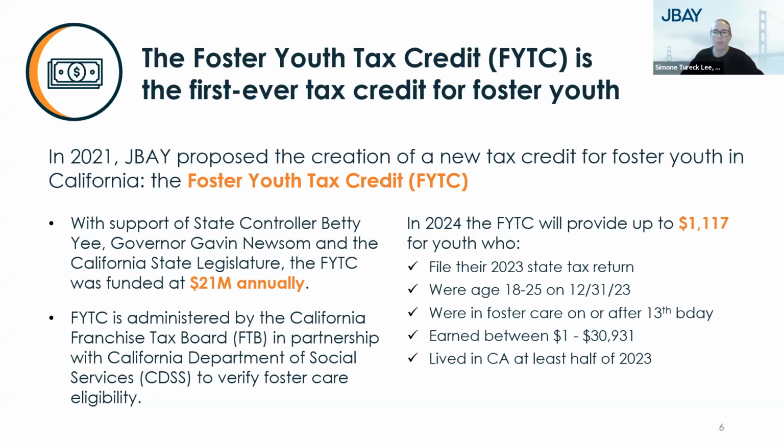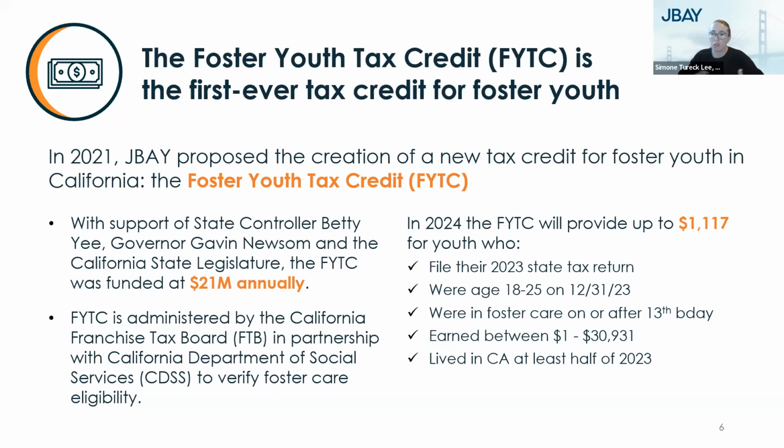And then for those who make between $25,000 and $30,931, the credit starts to phase out. So once you hit that $30,931 mark, you don't receive the credit. But up until $25,000 of earned income, you're receiving that $1,117.